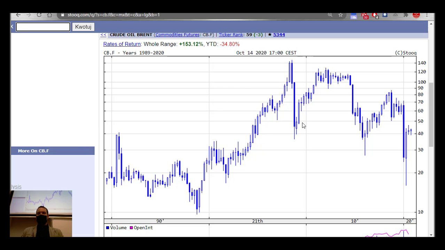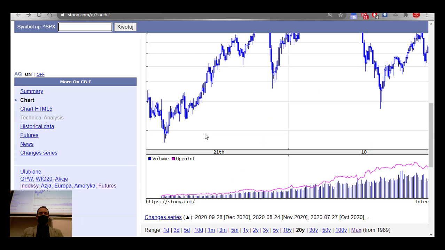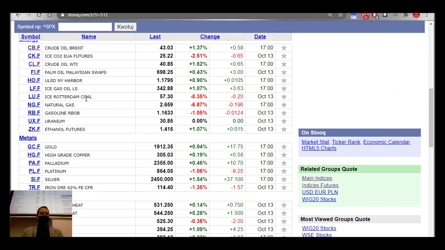So there are many different types of oil, but we have some benchmarks. Usually everybody uses Brent or WTI, which is a US definition. So we can see there is WTI, there is Brent. This is palm oil, so it's not a thing.